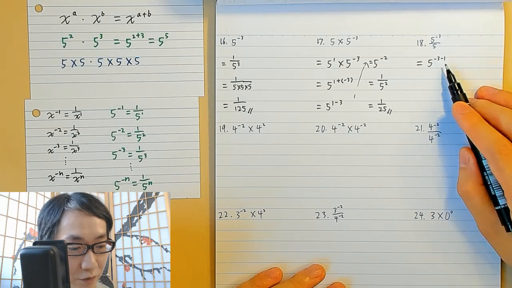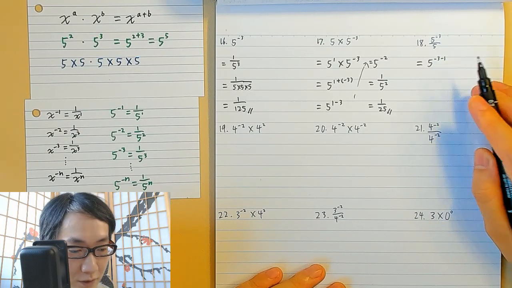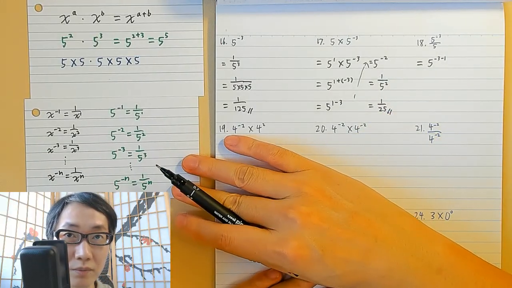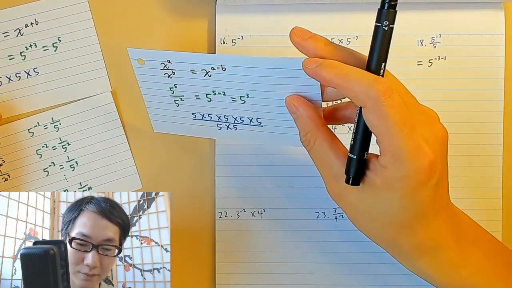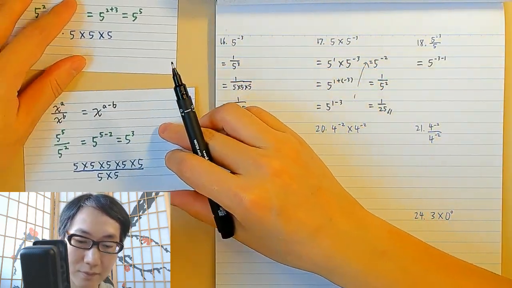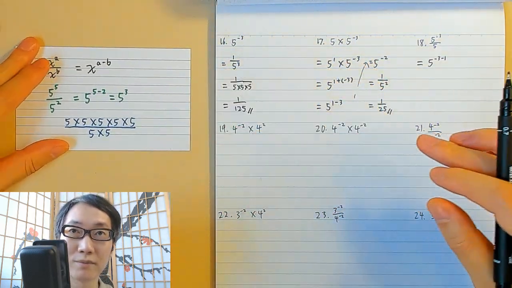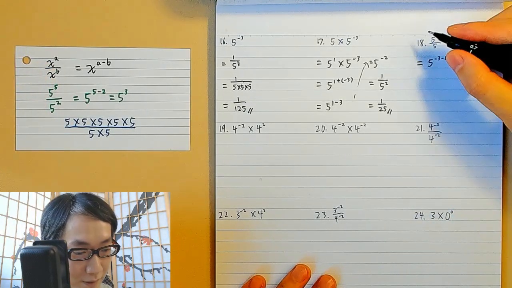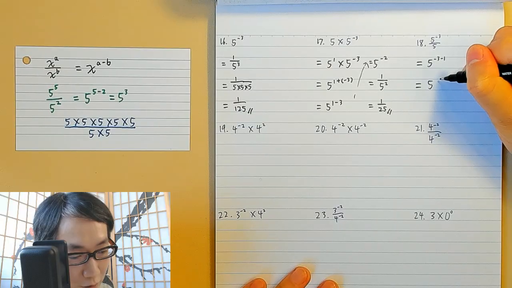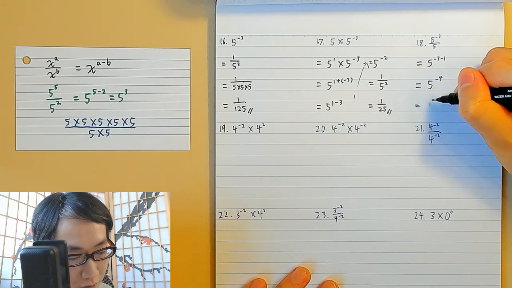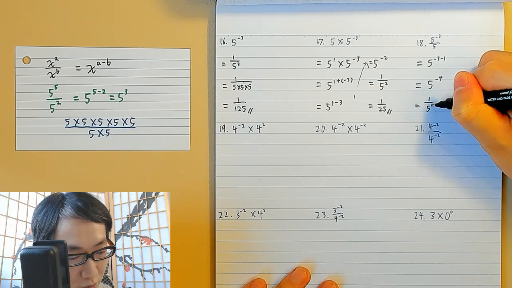So this is -3 minus 1. Okay. Using this rule. So we have 5 to the power of -4. So we have 1 over 5 to the power of 4.